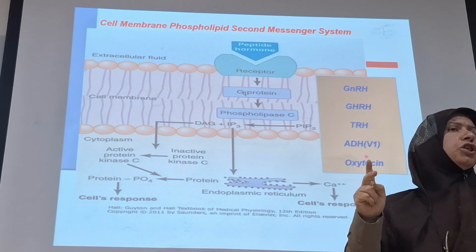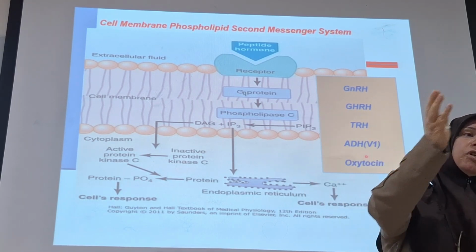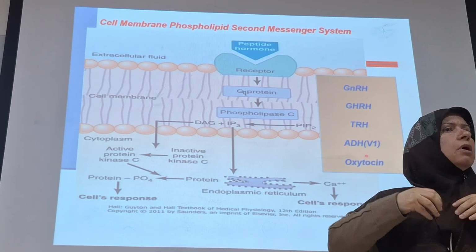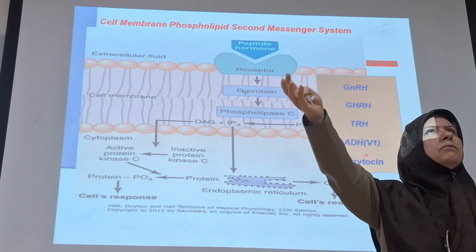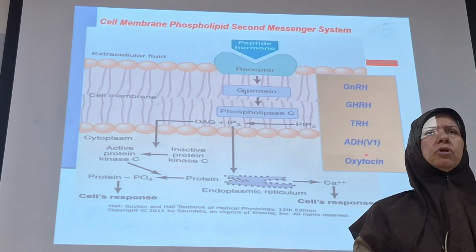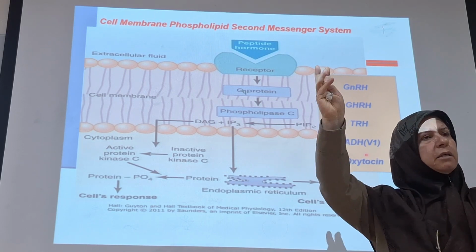Gq: hypothalamic neurohormones except CRH and ADH-V2. Gs: CRH, TSH, parathyroid hormone, FSH, LH, and the others.